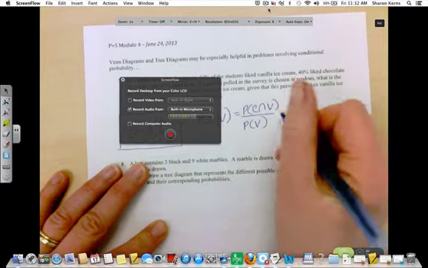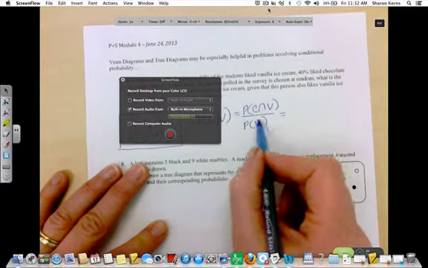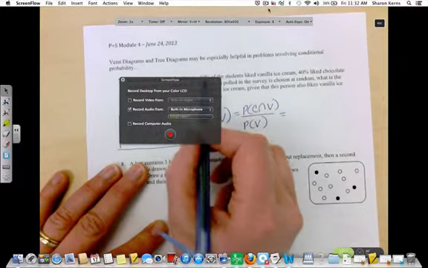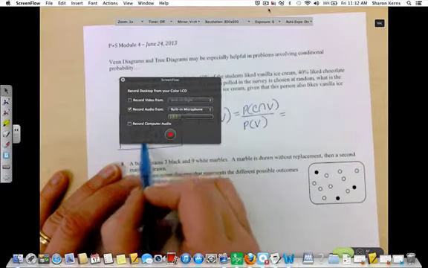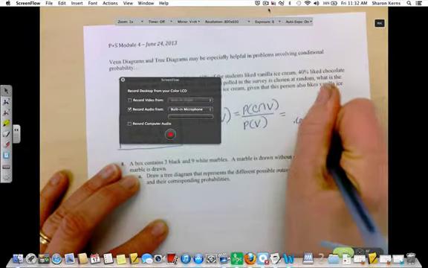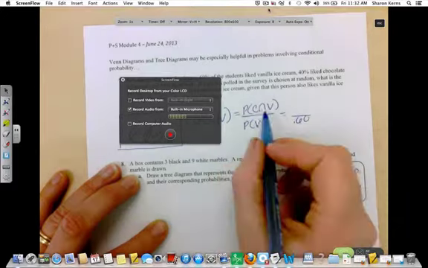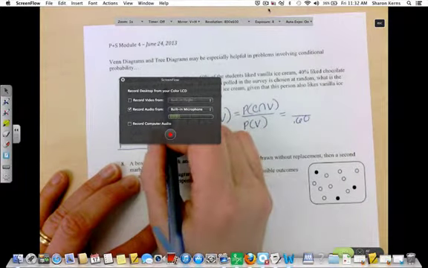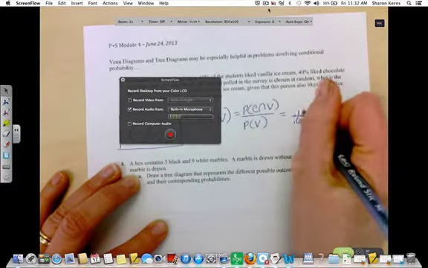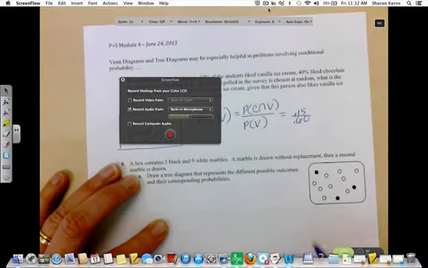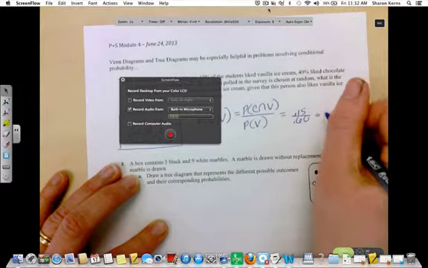Here's the given that part. What's the probability that they like vanilla? Well, 60% like vanilla, so this entire circle here. And what percent of them like both? 15%, or that overlap. So 0.15 divided by 0.6 is 1/4.